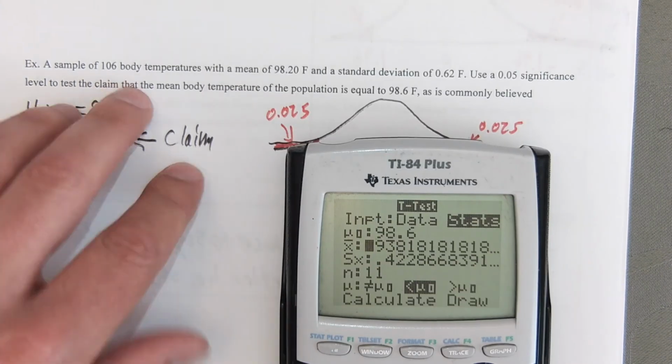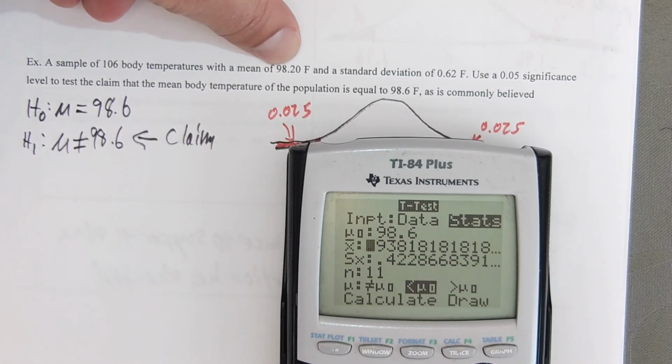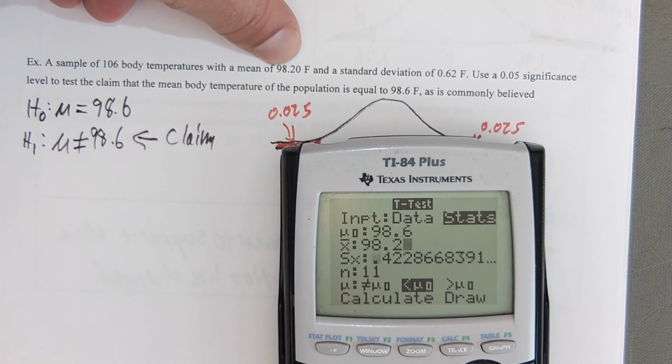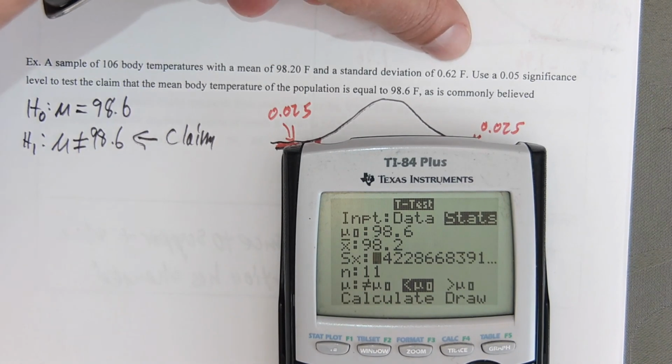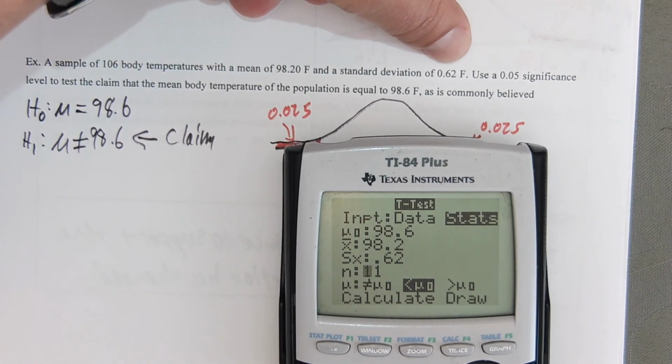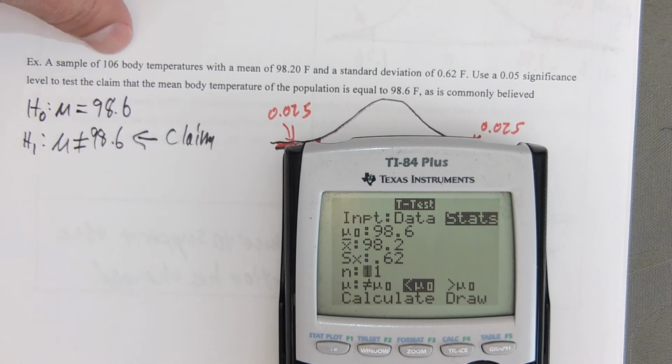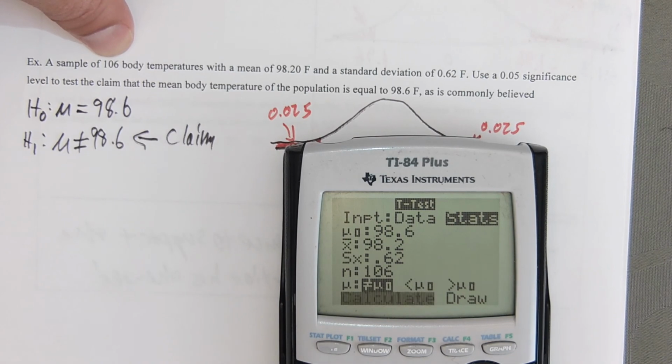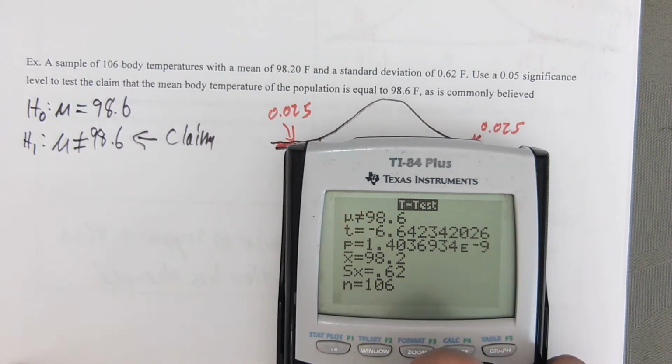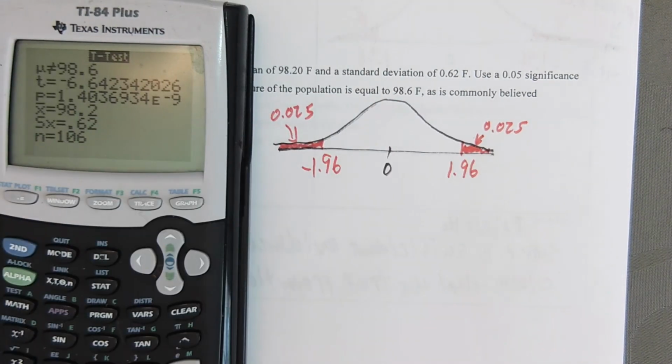X bar they have here, 98.2. Sample standard deviation is 0.62. And N is 106. This one's not equal to. And calculate. And very beautifully, it just gives us our data.